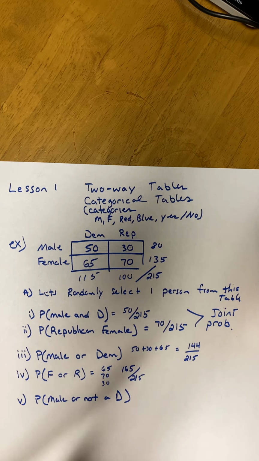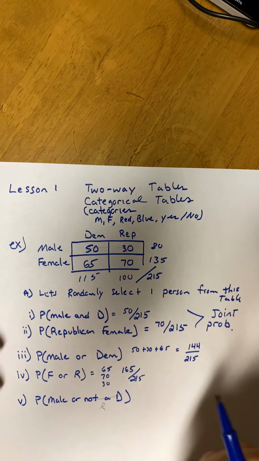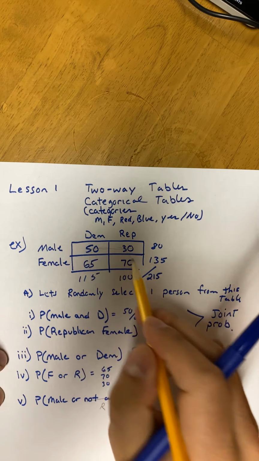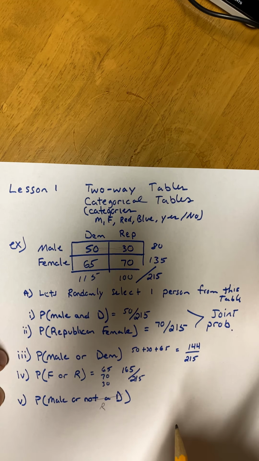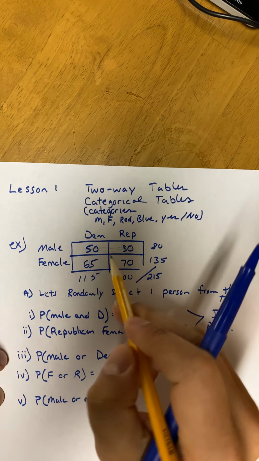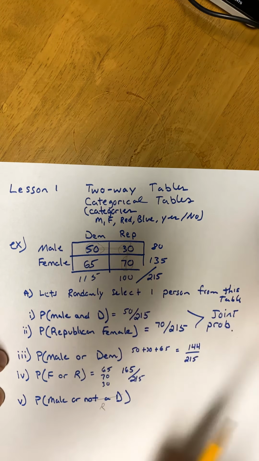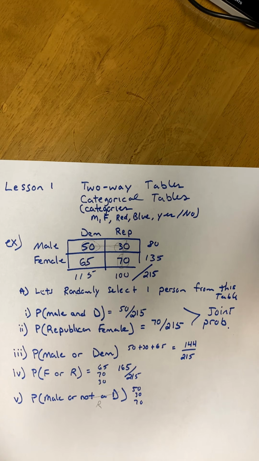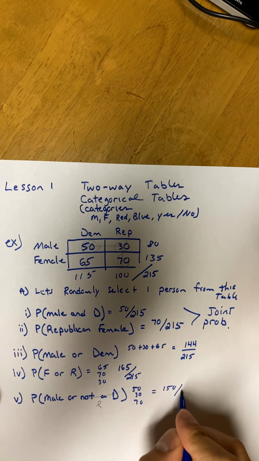If you see stuff like that, not a Democrat would be a Republican in this case. So either a male or a Republican. This one, this one, this one. 50, 30, 70, so you know what I'm adding up. 50, 30, 70 is 150 over 215.